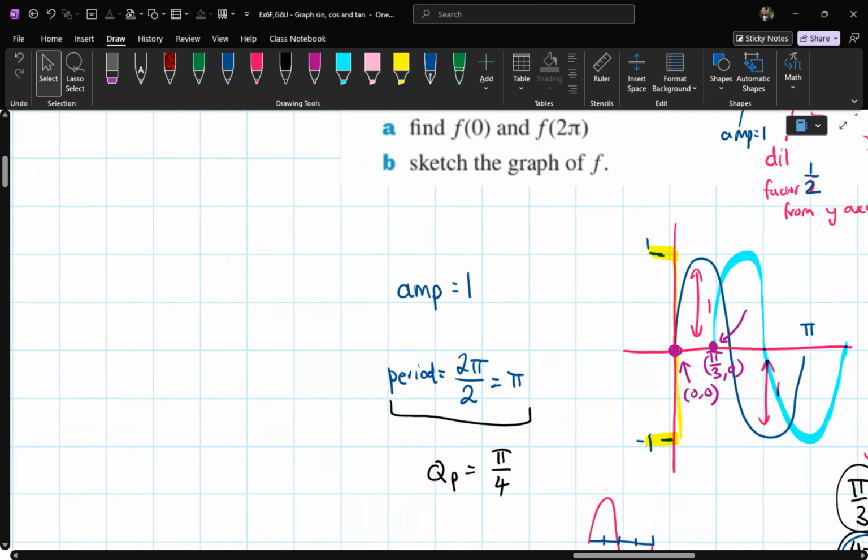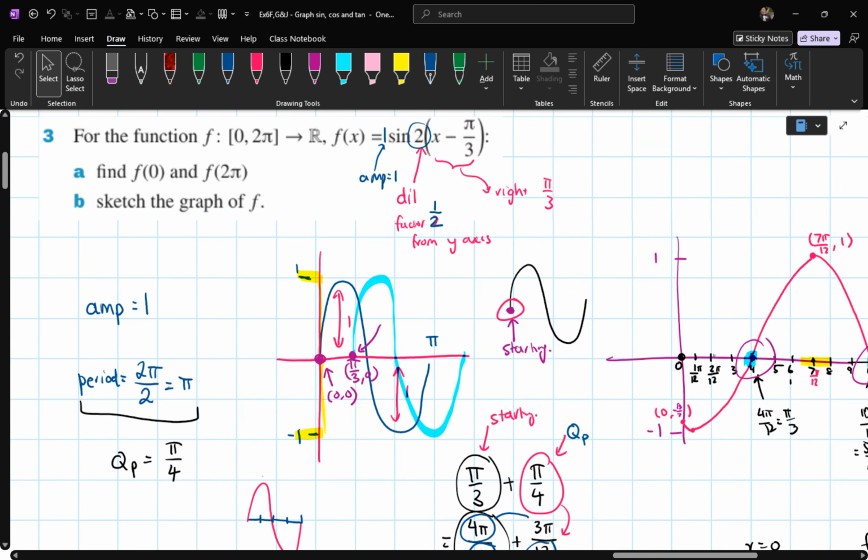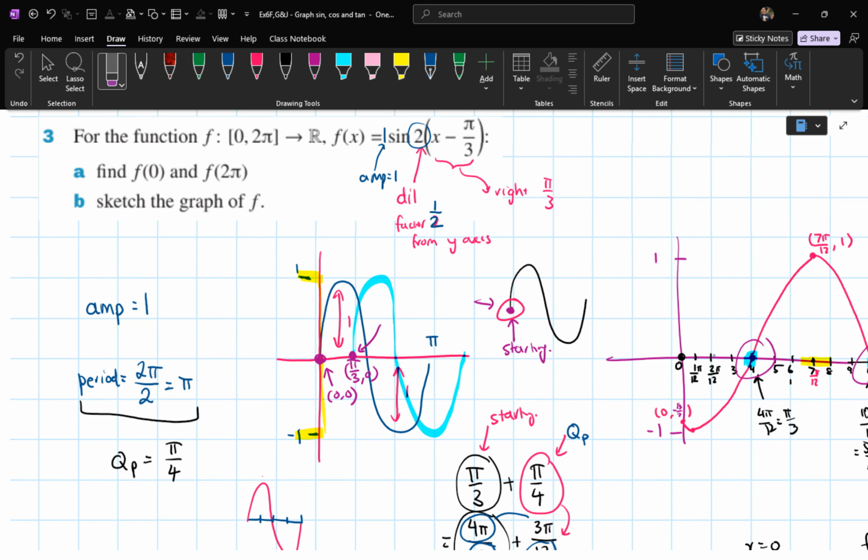All right, but that's what I do first. I normally just visualize what the graph normally looks like, figure out the starting point based on the transformations, and then I find the period and work out the quarter periods for it. The amplitude helps you to figure out where the maximum and the minimum is and where the middle is. That's what it does. Okay.